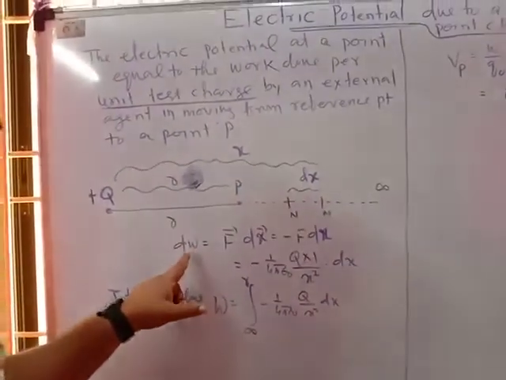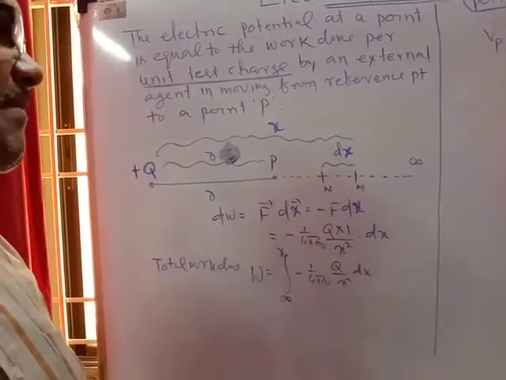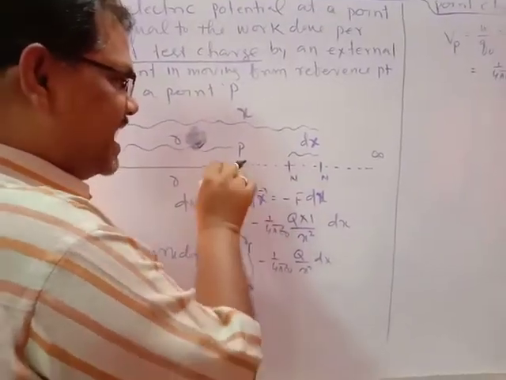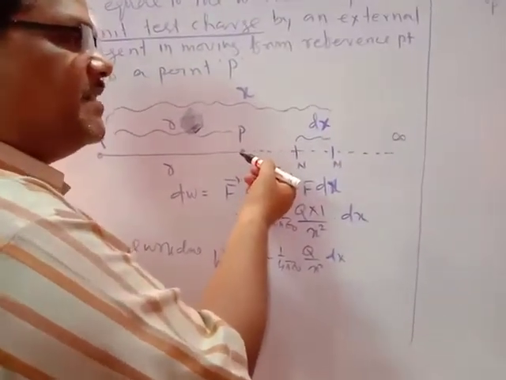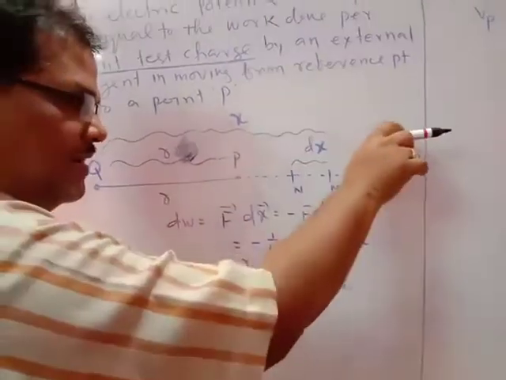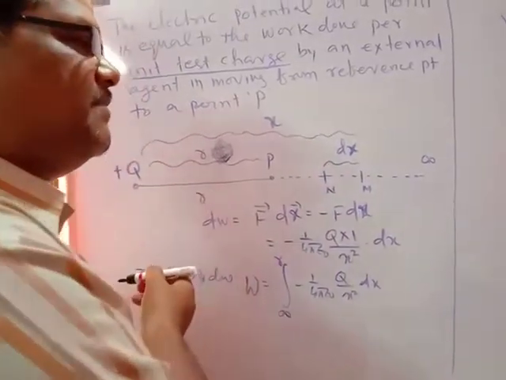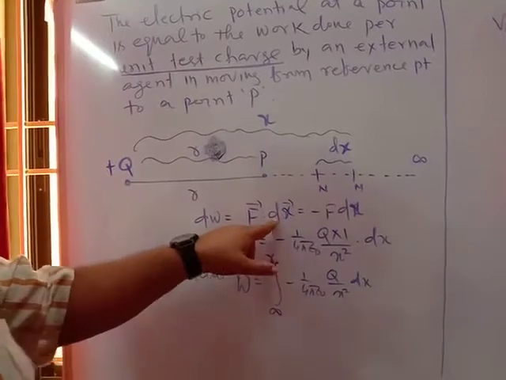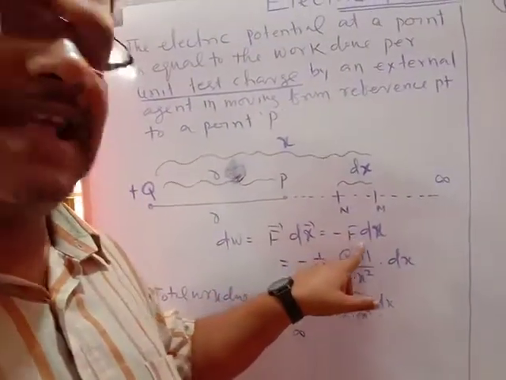Then dW equals F vector dot ds vector, that is minus F dx, because F, the electrostatic force, is acting outward, and we are bringing the charge opposite to the electric force. Because it is plus Q charge, the electric force is acting outward, and we are bringing it from M to N opposite to the electric force. The angle is 180 degrees. So F dx cos theta, cos 180, equals minus F dx.